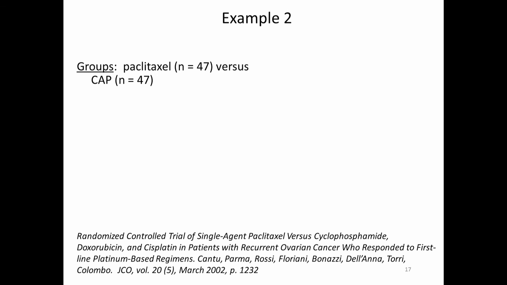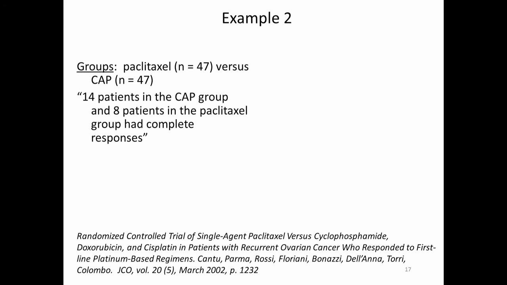Now let us look at another example. This is related to paclitaxel. As you know, paclitaxel is a drug used for anti-cancer treatment, and there is another type of treatment called CAP treatment, where they give cisplatin. Cisplatin is a platinum-based metal anti-cancer drug.